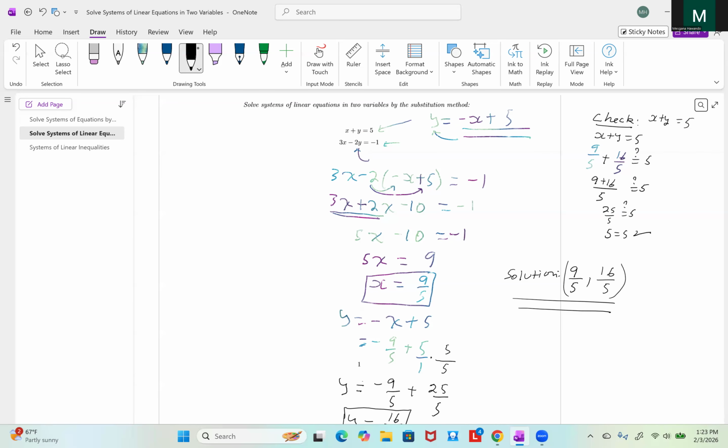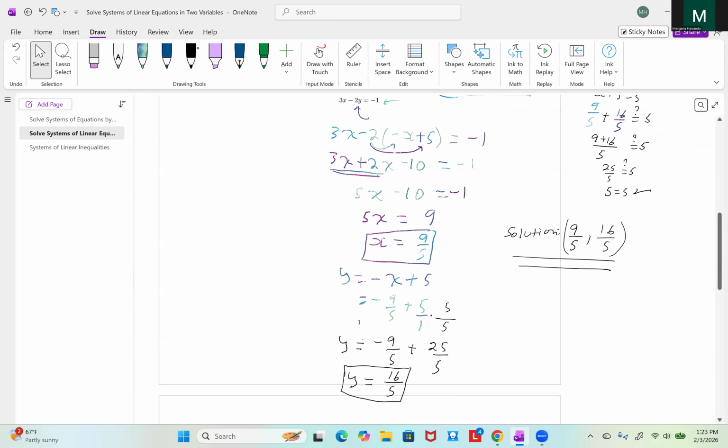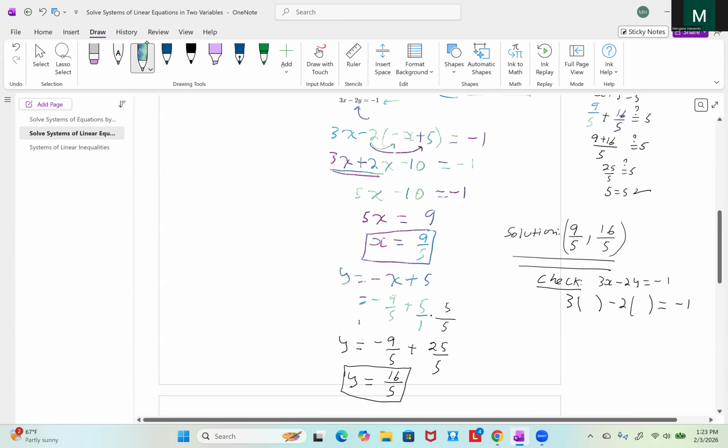Now we need to check if it is a solution to the second equation. 3x minus 2y is equal to -1. So we replace x by 9/5 and y by 16/5, question mark.